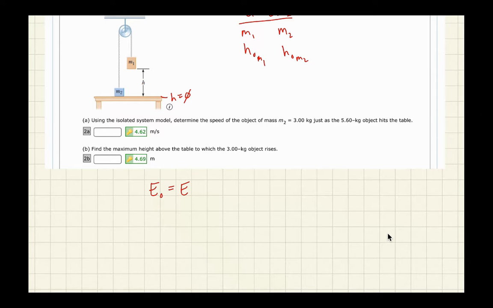So my initial energy is just going to be the gravitational energy of block M1. And my final energy, three things will be happening. I will have a gravitational energy for block M2 because M2 will now be above the table. And I will have the kinetic energy for both blocks.